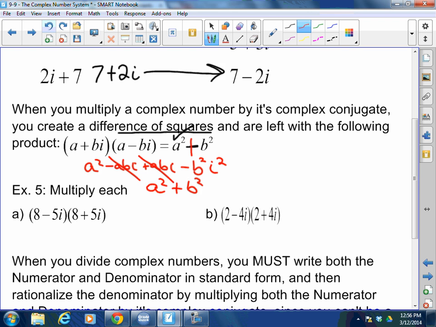Yes. Let me test it again with this one right here. Let's see. I got 8 times 8 is 64, plus 40i, minus 40i, minus 25i squared. Yeah, that becomes positive. Yeah, okay. My mistake. I apologize.